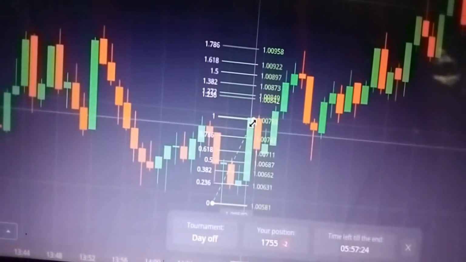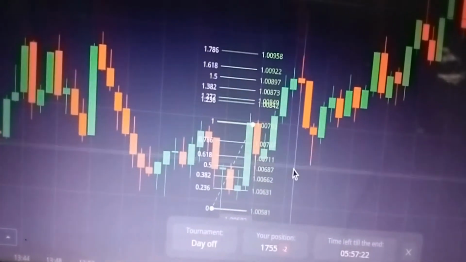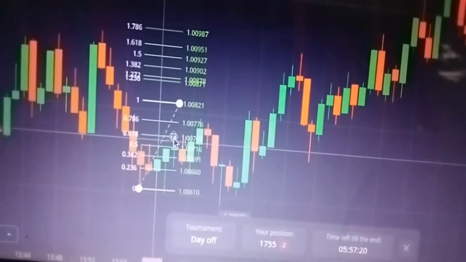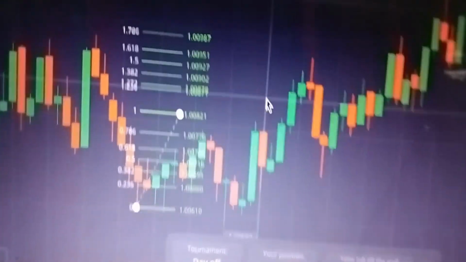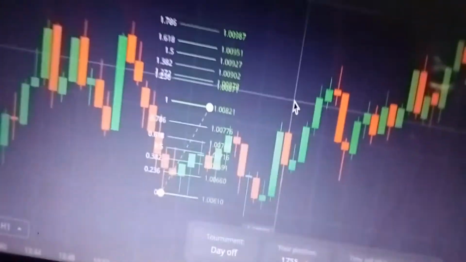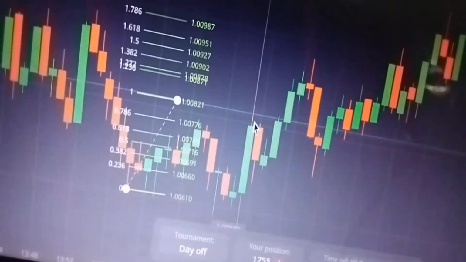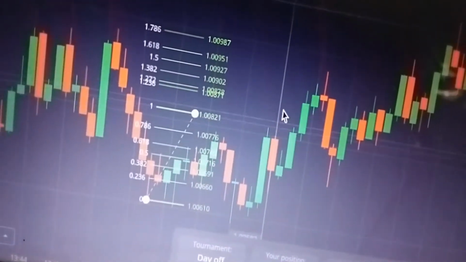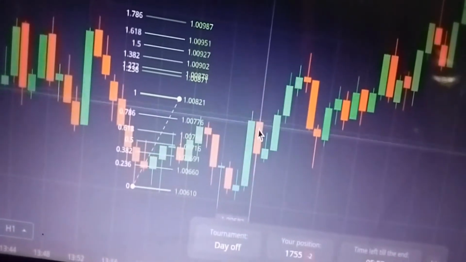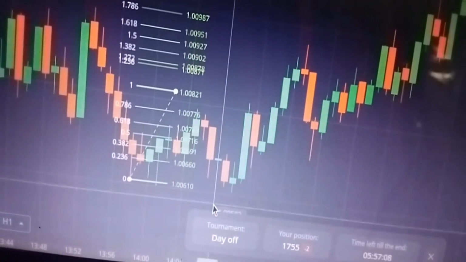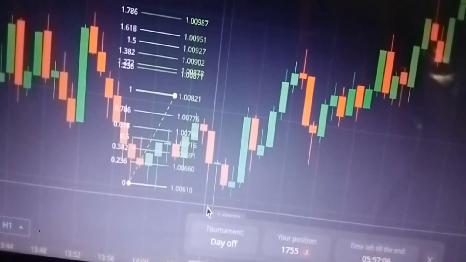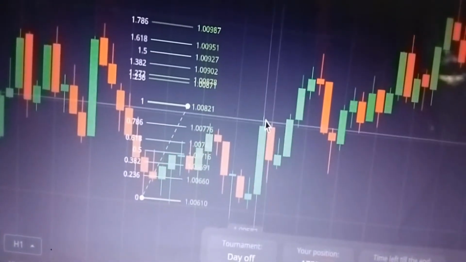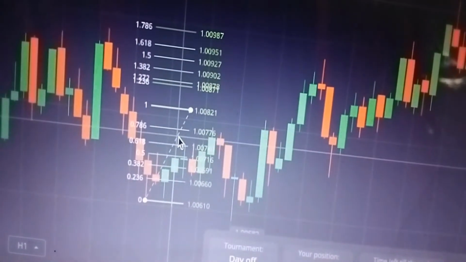So finally, this structure broke to the upside with a swing high, with this swing high, right? So this swing high is a new high now, a new range, from this swing low to this swing high, we project our fib.